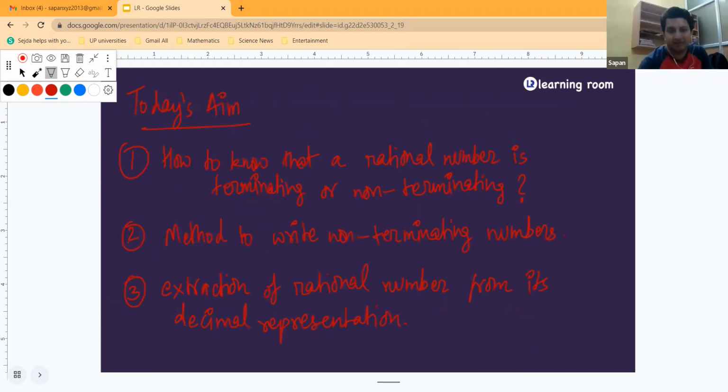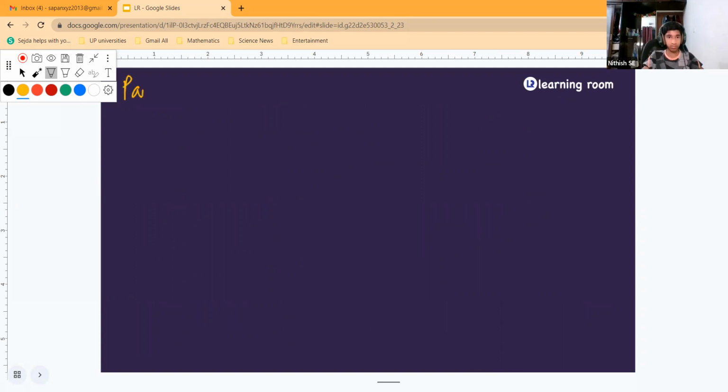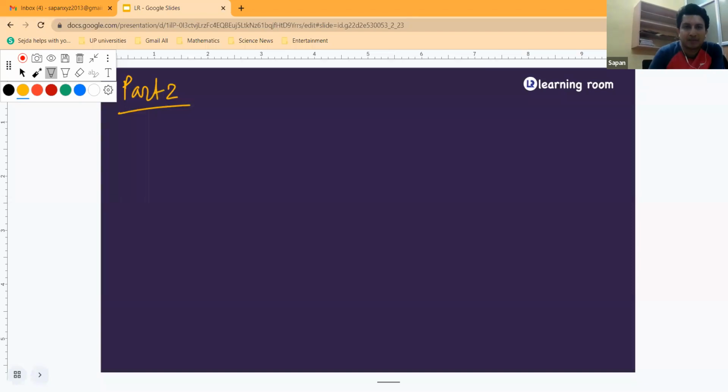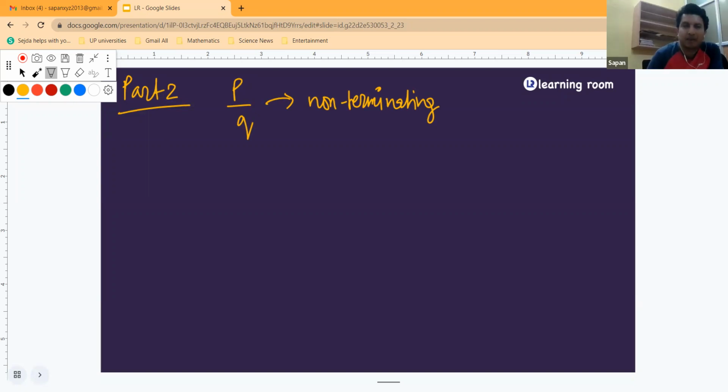Let's see the second part. Methods to write non-terminating numbers. Let's say your number which you started turned out to be non-terminating, so it's not of the form 2 power m into 5 power n.